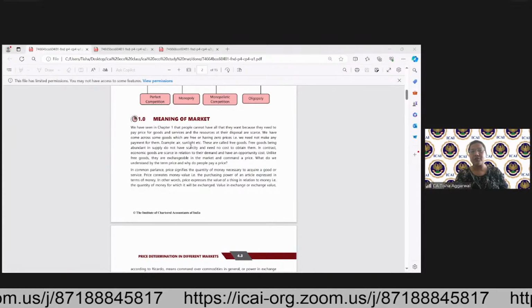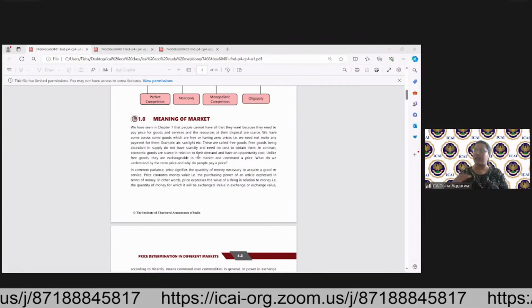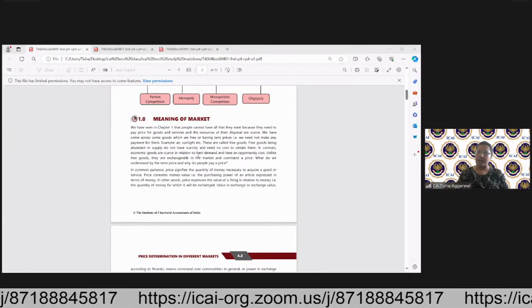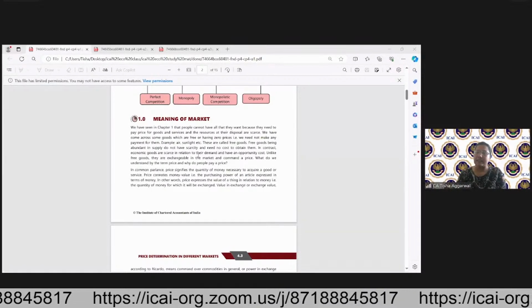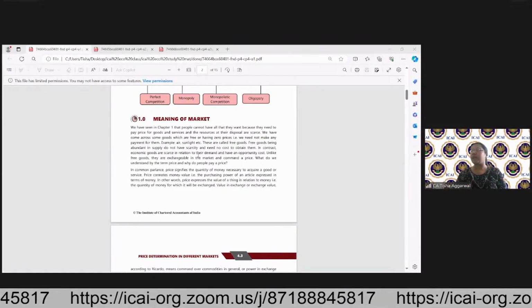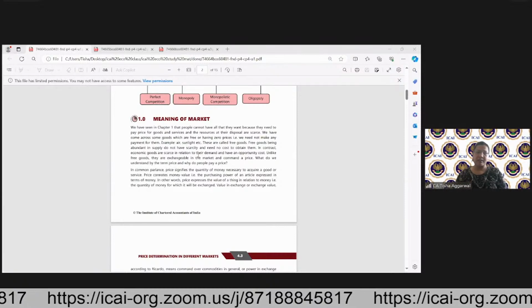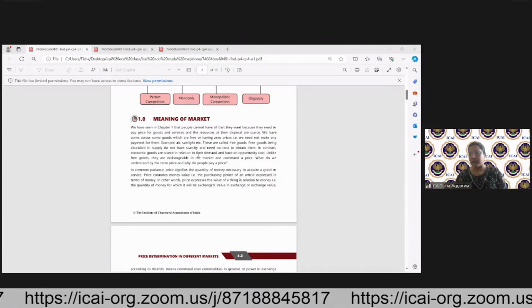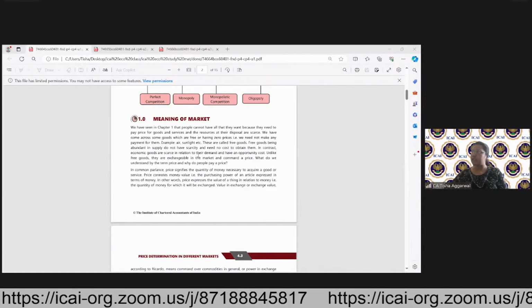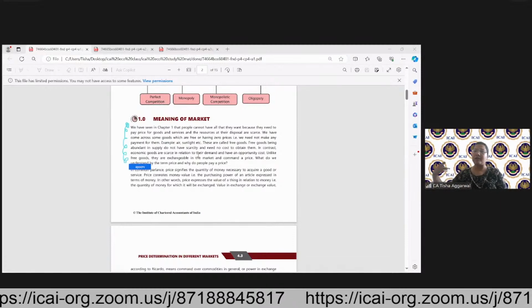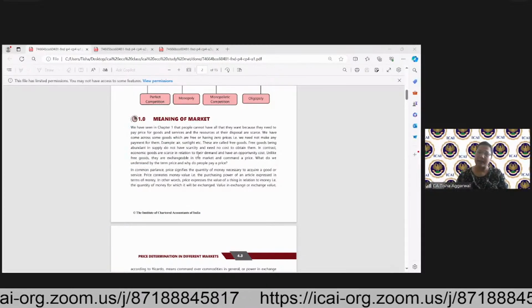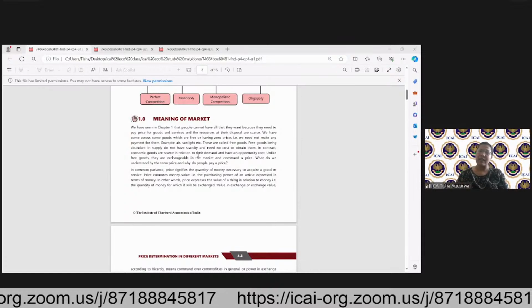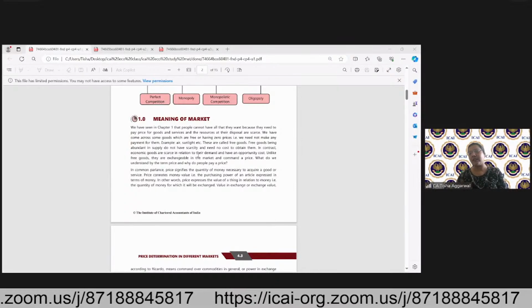Okay, so whenever we talk about market, it is an area wherein there are two parties, primarily the buyer and sellers. They interact with each other. They offer services and goods, and in lieu of that, they get a price for that particular product. One thing we need to understand is that it is not necessarily a physical market.